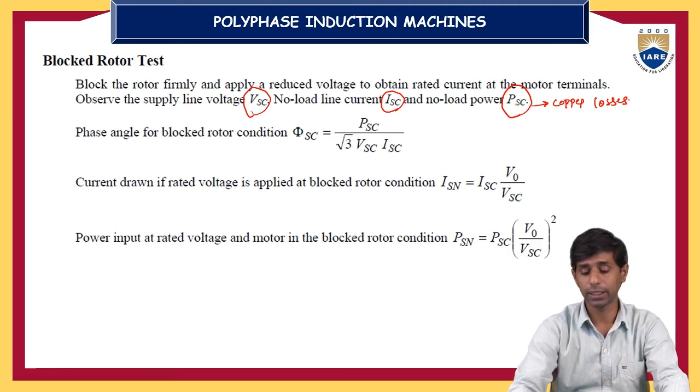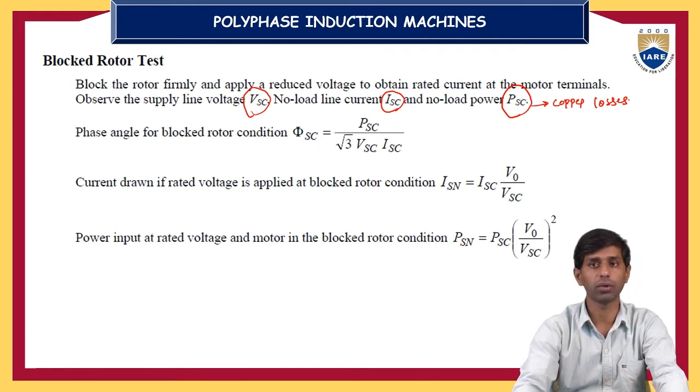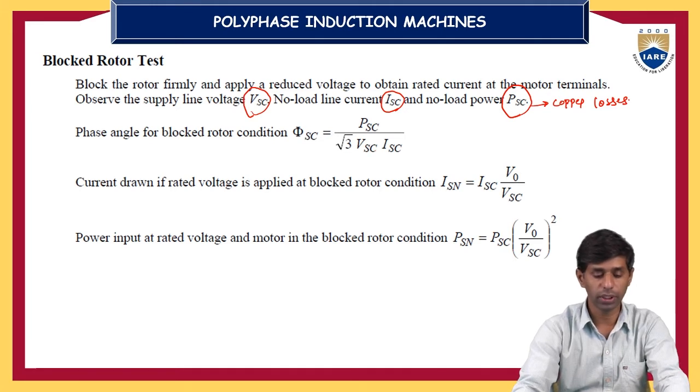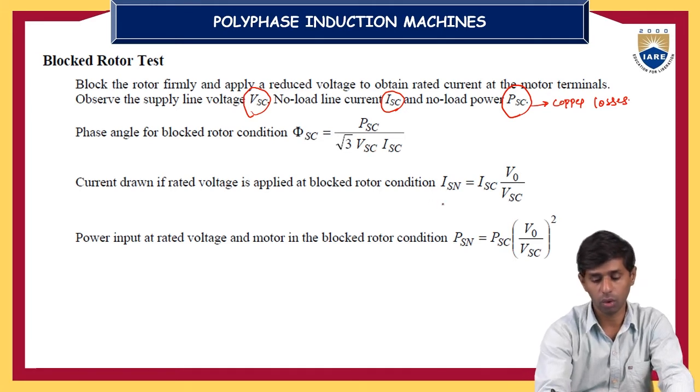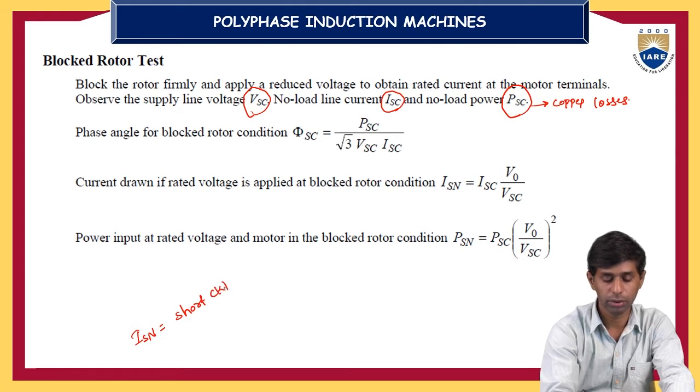So from this test data, you have to calculate phi SC, that is the short circuit power angle, the phase angle under block rotor test. Phi SC is equal to PSC by root 3 times VSC into ISC. And you have to calculate ISN, that is the short circuit normal current.